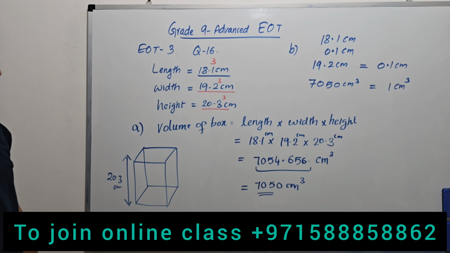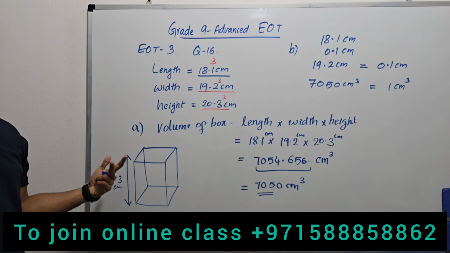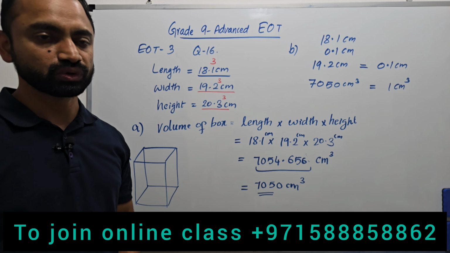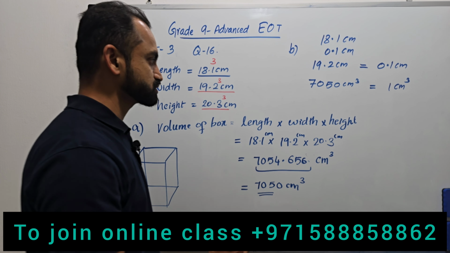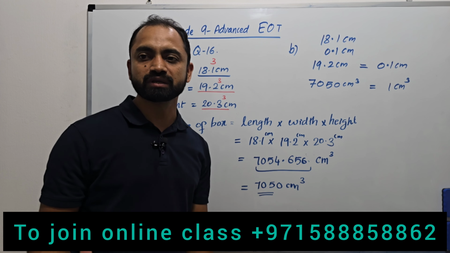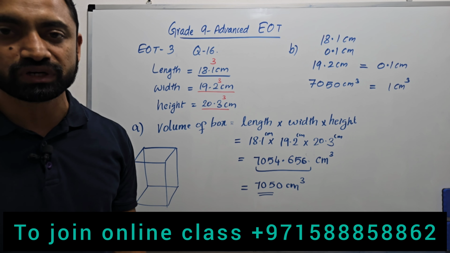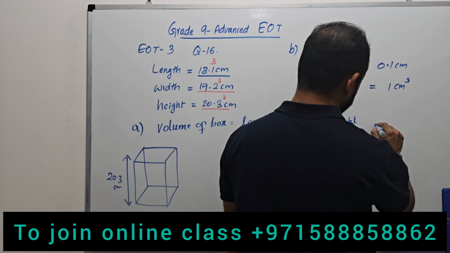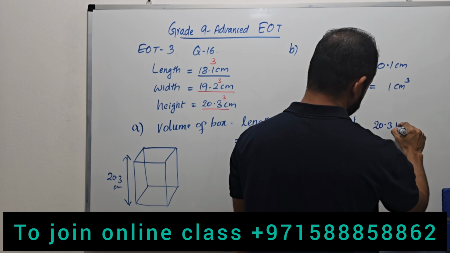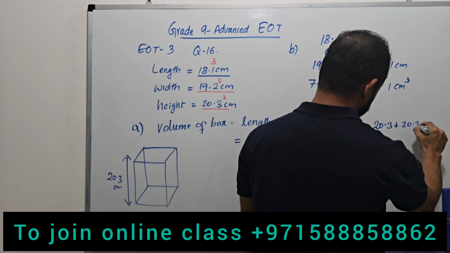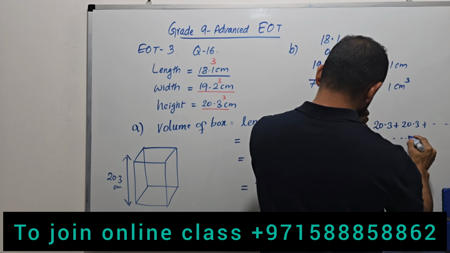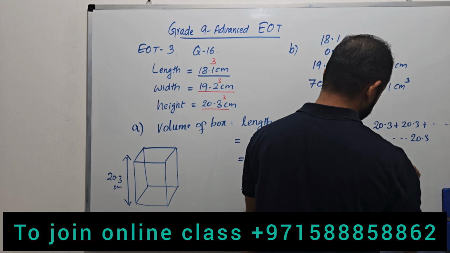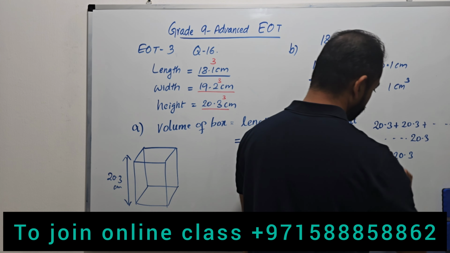So we can add this 20.3 12 times, correct? 20.3 plus 20.3 plus 20.3, like that, 12 times. That is equal to 12 times 20.3, right?